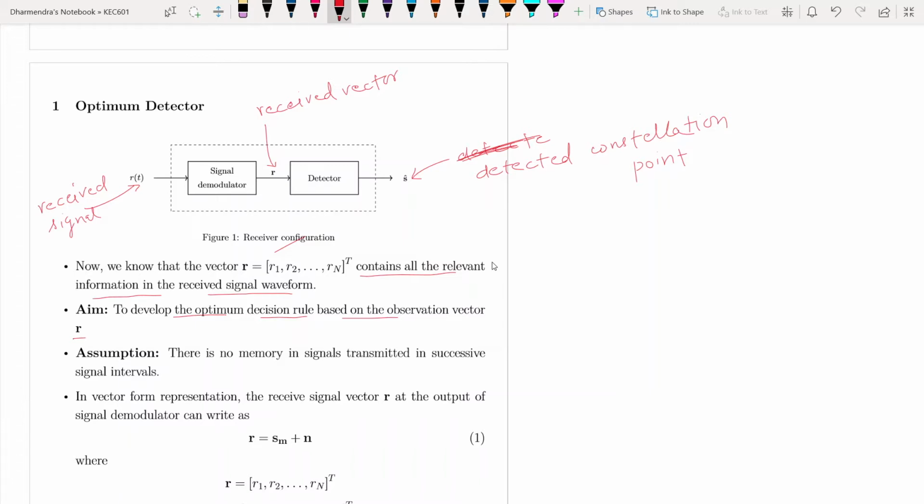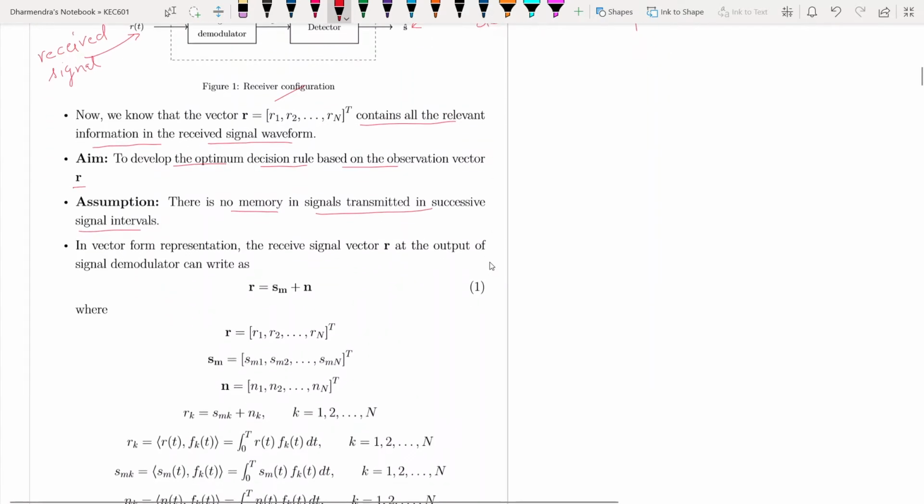We will discuss how to decide the optimum decision rule in these lectures. The assumption is there is no memory in the signal transmitted in the successive intervals.